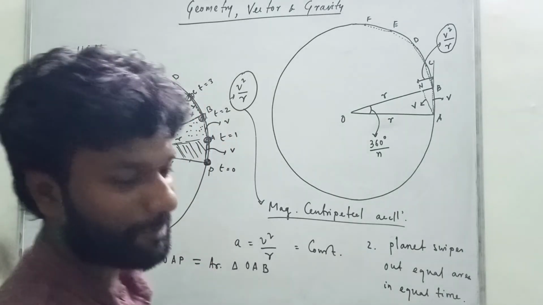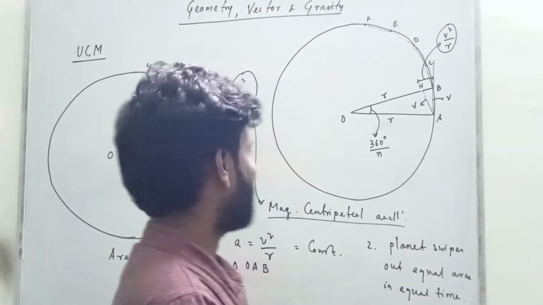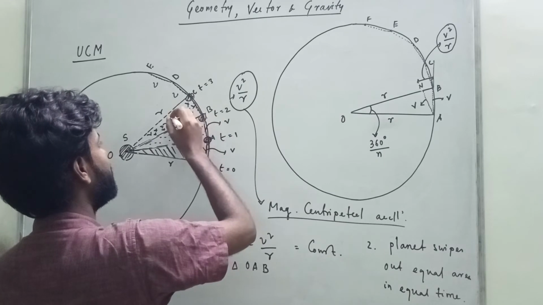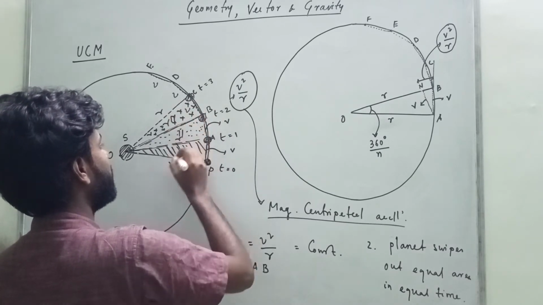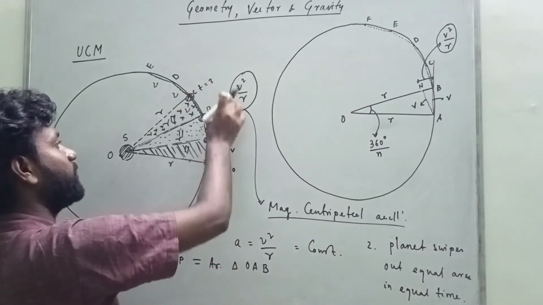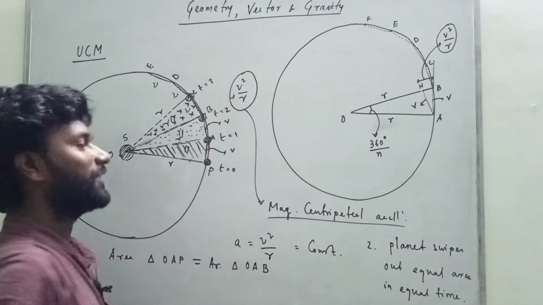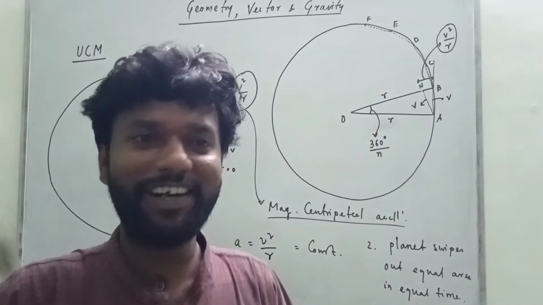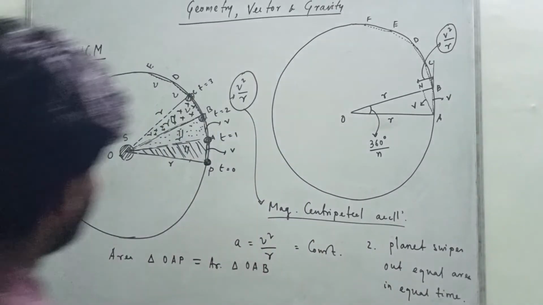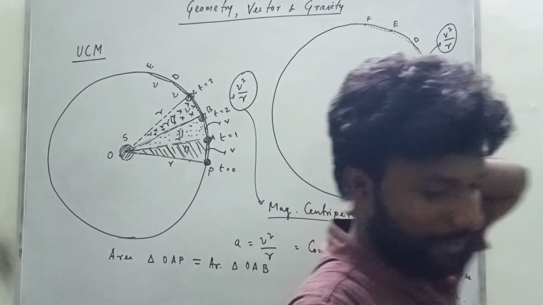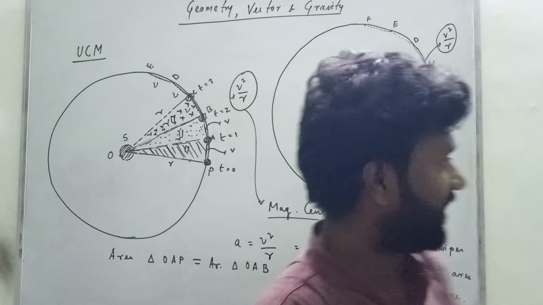I mean, the speed of the planet is the same, right? It is V, it is V, it is V. So obviously this area equals this area equals this area, in 1 second, from t equals 2 to t equals 3, right? The planet sweeps out equal area in equal time. These are very interesting results for Kepler's law of gravity, right?